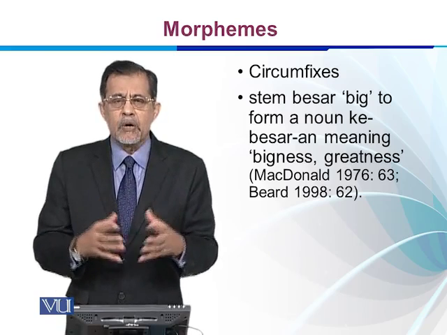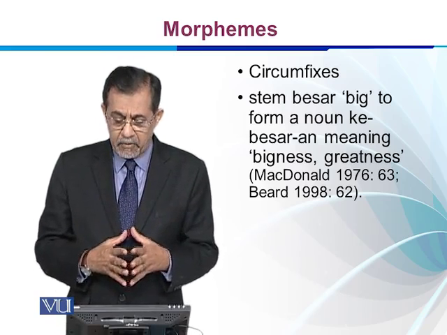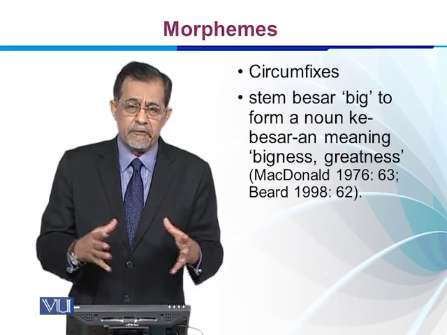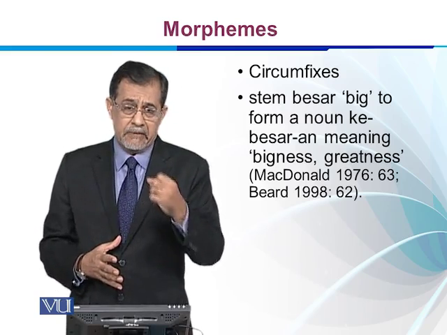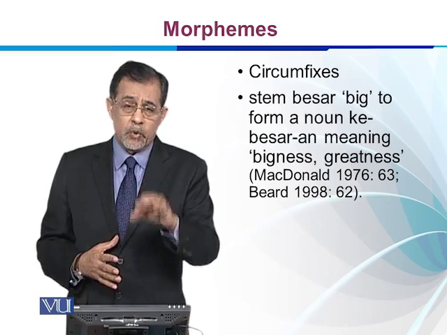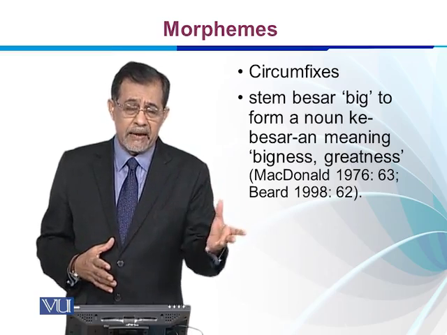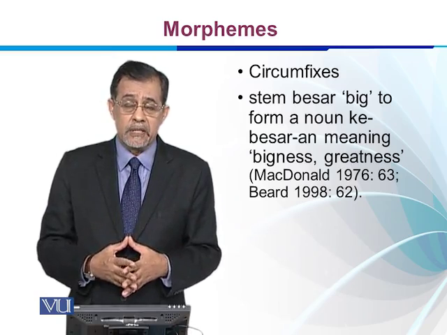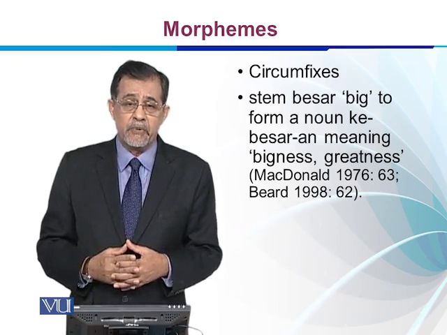This is a very common phenomenon in different languages. As I gave examples from your own language, Urdu, it is there in Urdu, Arabic and Indonesian. The example is before you.